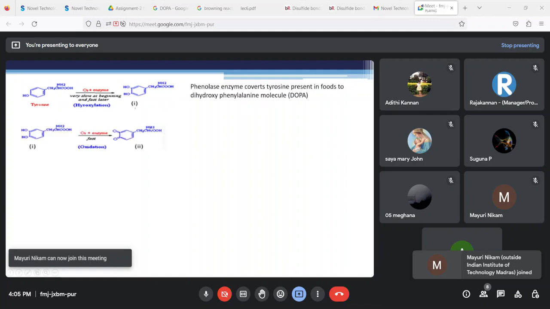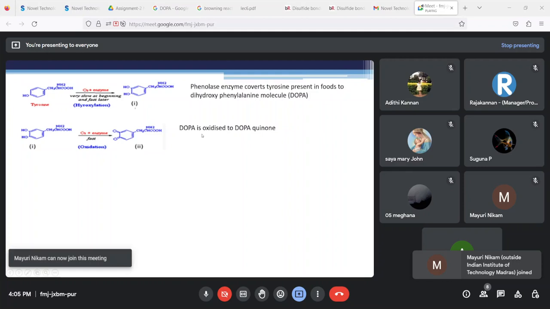So the second reaction that we need to figure out is DOPA being oxidized into some other molecule. Can you figure out what this molecule is? So what happens is that here it undergoes oxidation, and the two hydrogens that are present in the hydroxyl groups are oxidized to a keto form.